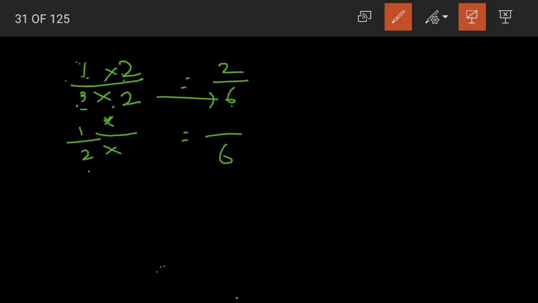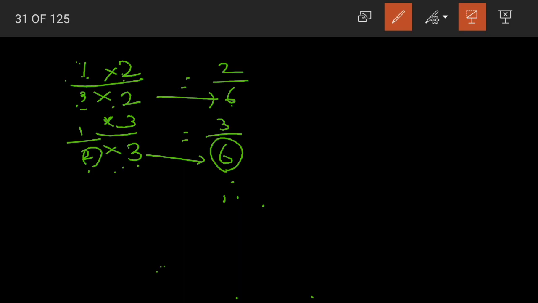Now coming to 1 by 2, we have 2 here and we want 6. How will we get it, children? 2 into 3. As we are multiplying the denominator, multiply the numerator as well. 1 into 3 is equal to 3. 2 into 3 is equal to 6.